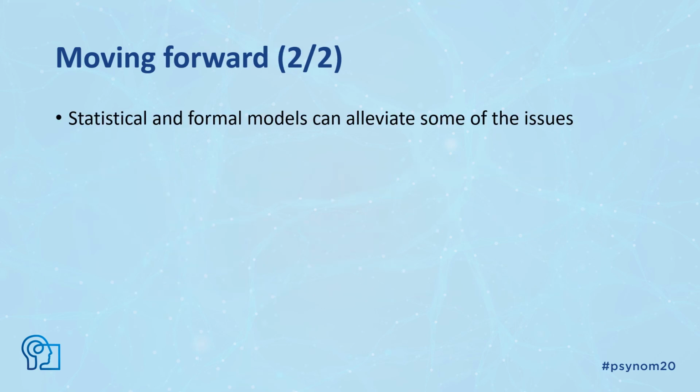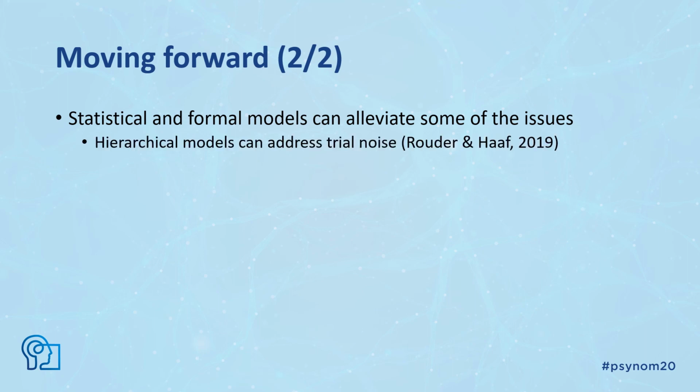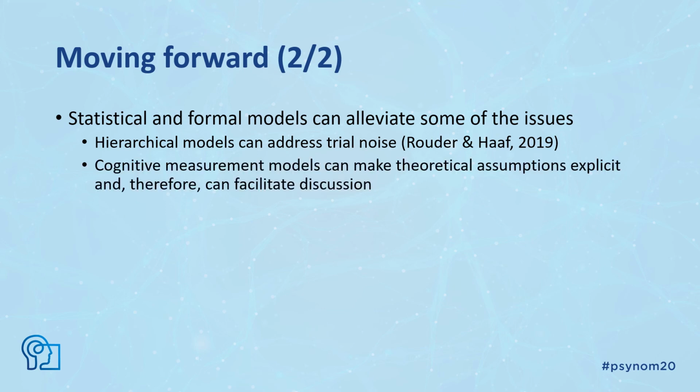There is now also a range of statistical and formal models that can alleviate some of these issues, and we discuss them in more detail in our consensus paper. For example, hierarchical models can address the issue of trial noise and so help with the reliabilities of our measures. And cognitive measurement models can make theoretical assumptions more explicit and so facilitate our discussion.